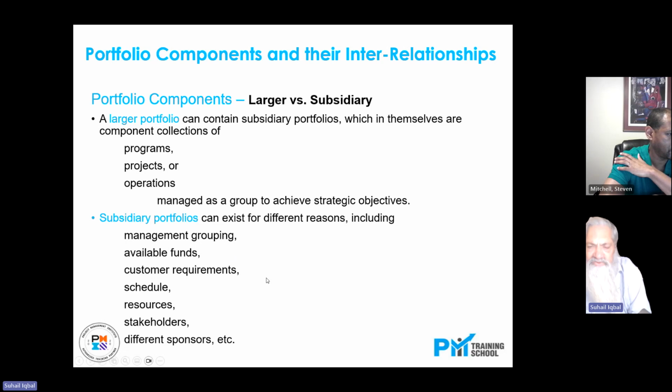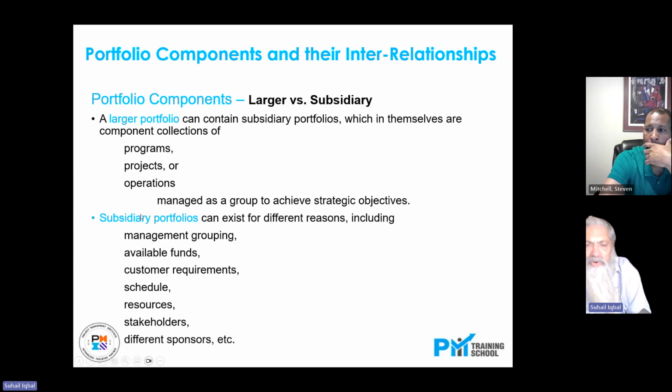According to the requirements of the customer, you could have your portfolios designed that way. They could be according to the schedule, maybe a January portfolio, February portfolio, March portfolio, maybe resource related. Maybe you can divide the portfolios according to the resources, or according to the stakeholders, or according to different sponsors, or whatever way you want.